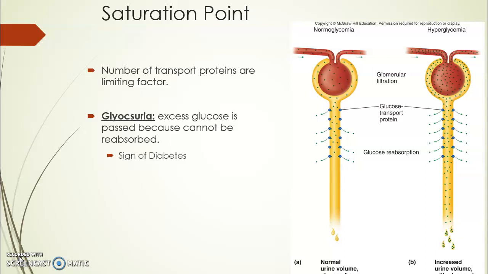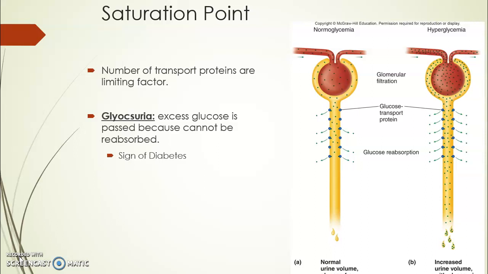If the glucose levels in the blood are exorbitant because the glucose is not entering the cells, which of course is a symptom of diabetes, then the glucose is going to stay in the blood. The blood will then be filtered through the glomerulus, and typically what we see is reabsorption of glucose.